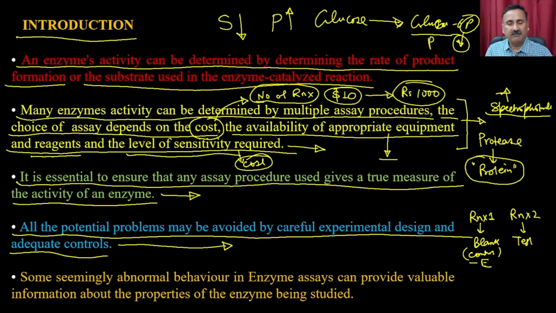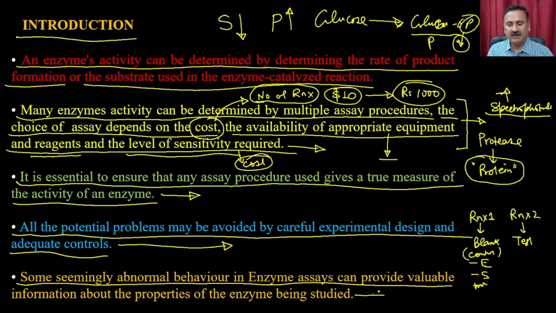Sometimes you may also have multiple types of blanks. For example, you can have a control for enzyme, a control for substrate, and a control for other things. If that is the case, you should be a little more careful and set up all these reactions. Then only you can measure the enzyme activity. Some seemingly abnormal behavior in an enzyme assay can provide valuable information about the properties of the enzyme being studied.